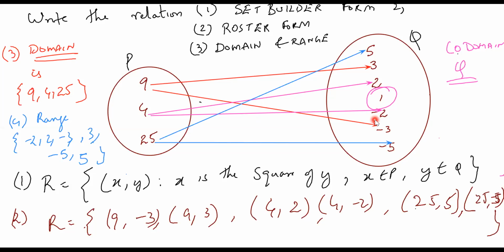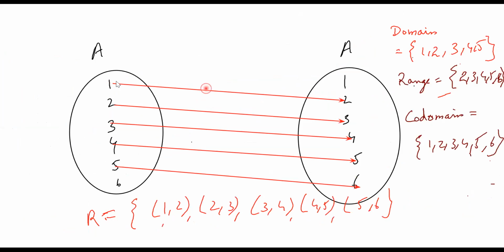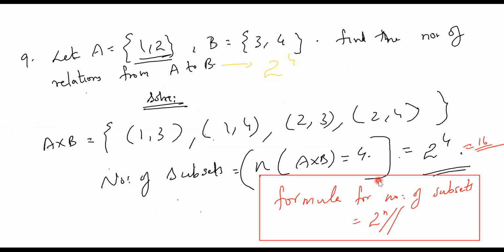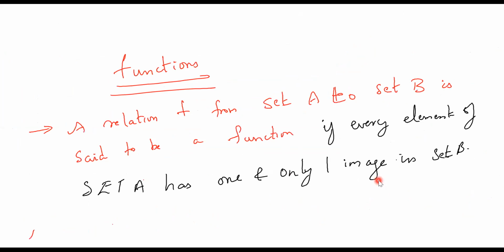But if you come back to this one, exactly one image is there, so this is a function. Once we do more problems, we will understand this very clearly. So it should have one and only one image to prove that it's a function.